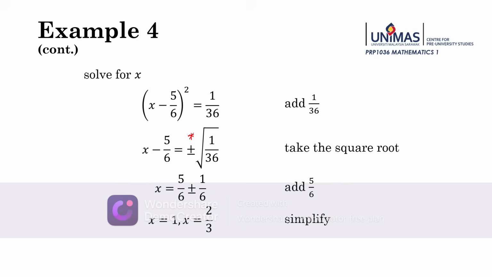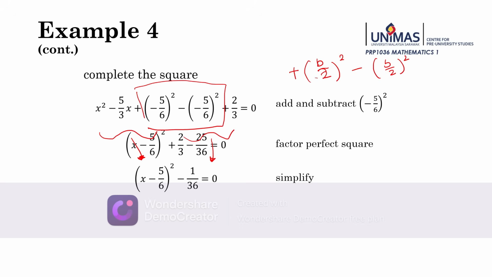So I believe in your secondary school, your teacher used the formula, meaning that you skip this part, right? So in university, we have to use this b over 2 square minus b over 2 square, because we want you to understand where the formula comes from. So make sure students take note of this step.